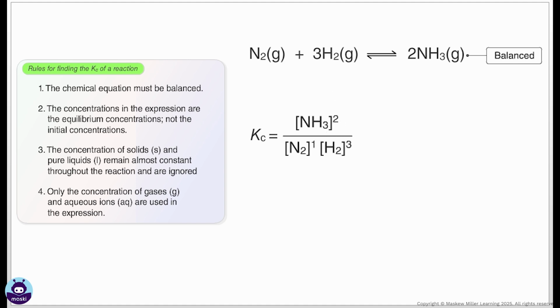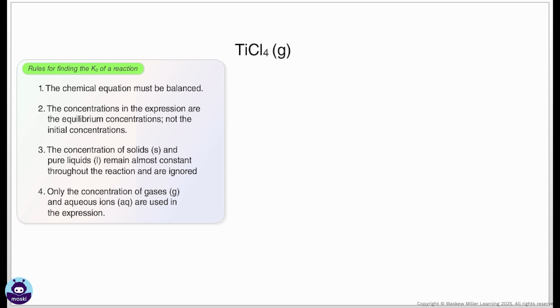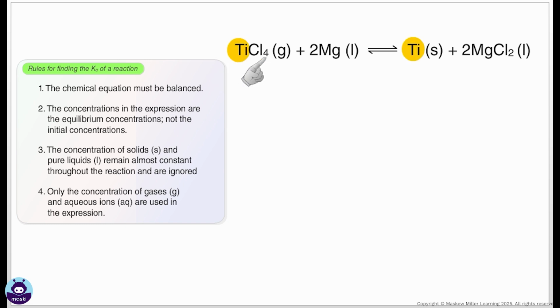Let us find the expression for Kc of the reaction, where magnesium is used to reduce titanium chloride to titanium metal. TiCl4 gas plus 2Mg liquid, reversible reaction giving Ti solid plus 2MgCl2 liquid.